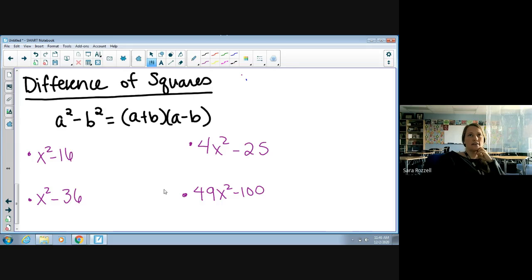What squared is 16? Yeah, I see some of you mouthing it. It's 4. So I can rewrite this into x squared minus 4 squared. And now it looks exactly like the format that I have written here. My A is x and my B is 4. Okay, so when I'm going to factor it, it's going to be x plus 4 and x minus 4.